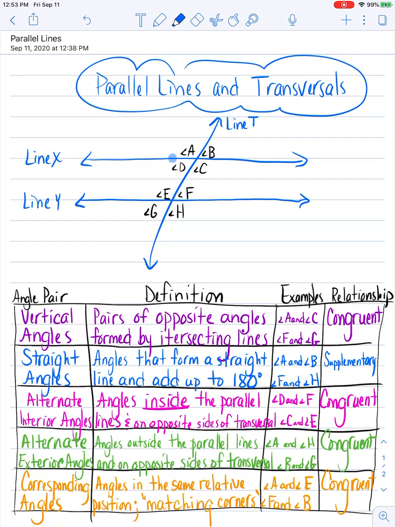So look at angle A and angle B. See that straight line? That means they are supplementary, or they form 180 degrees. Another example that they give us is angle F and angle H. And there's that straight line. So that means if I add those two together, they'll be supplementary or equal 180 degrees.